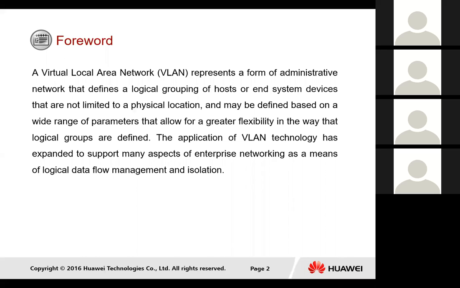So whoever is in that domain, when you send a broadcast packet, everybody is going to receive it. To reduce this, VLAN technology comes in to divide the hosts or end stations into logical groupings, to isolate the broadcast.